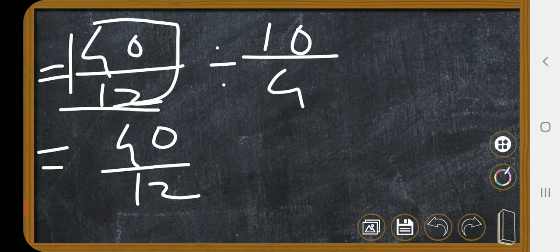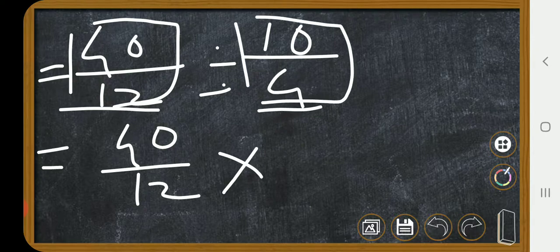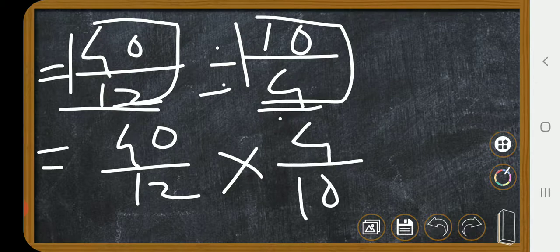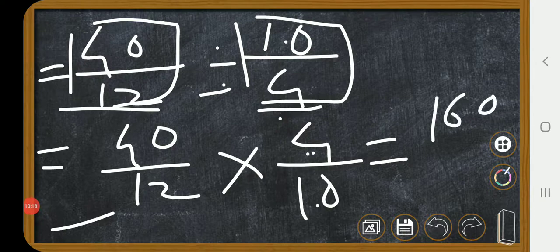and you will give a multiplication sign between them, and you will write the multiplicative inverse of the second number, that is 10 by 4. The denominator becomes numerator, and numerator becomes denominator. Okay, now we'll just multiply. 40 multiplied by 10 is 400, 12 multiplied by 4 is 48.